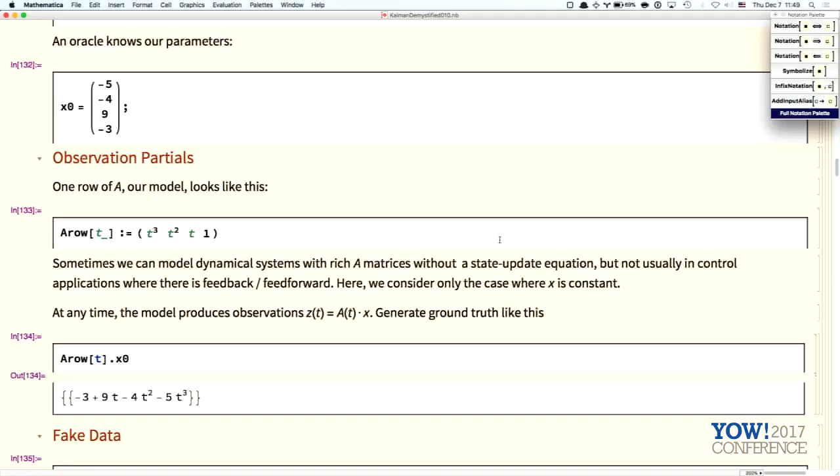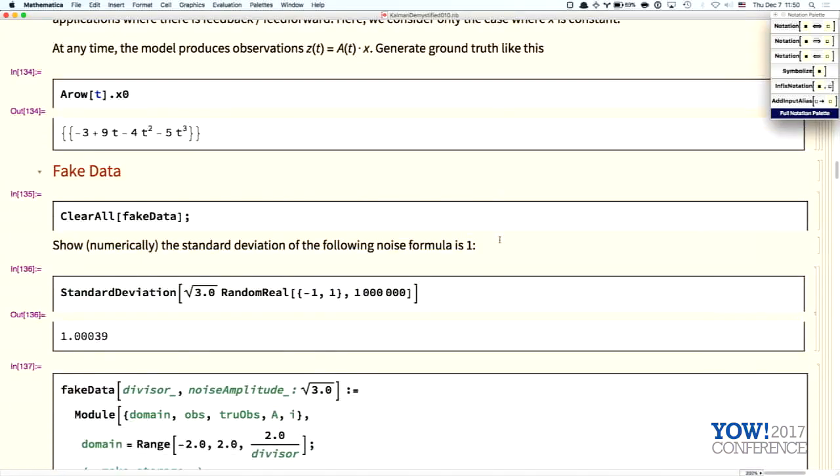The model looks like this row: t cubed, t squared, t, and 1. If I do a vector multiply of that model times an estimate of the state, then I will get a predicted observation. Here it is symbolically.